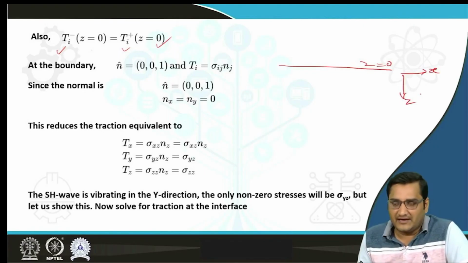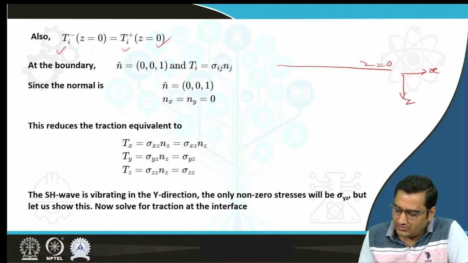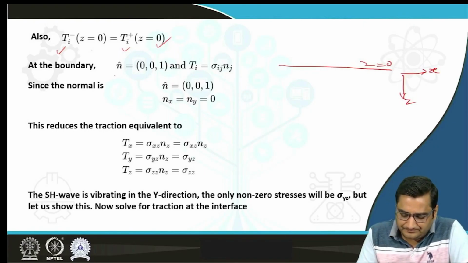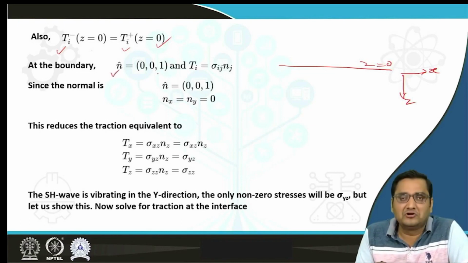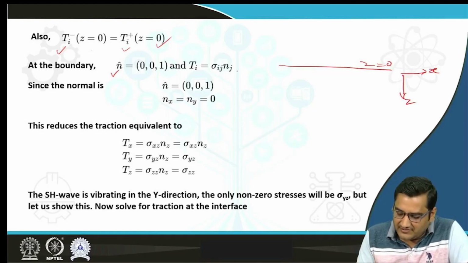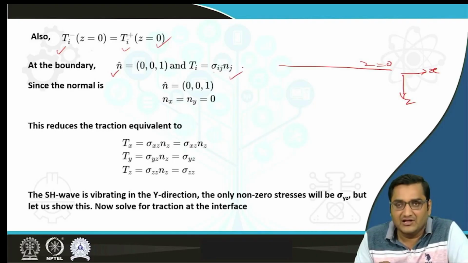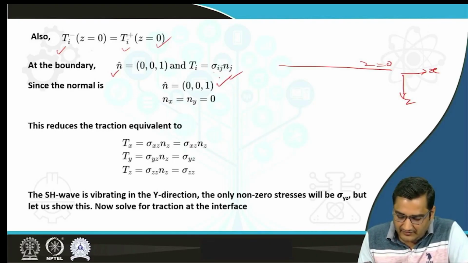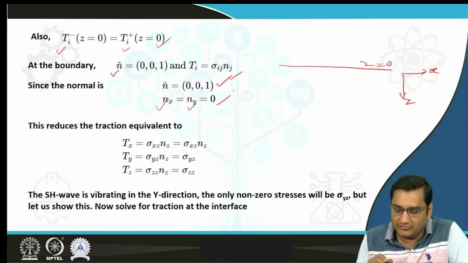So the normal vector onto this interface is n cap is equal to 0, 0, 1. And from Cauchy's stress theorem, the traction vector can be written as sigma ij nj. So this is your normal vector, and the normal vector components along the other directions, nx and ny, will be equal to 0.